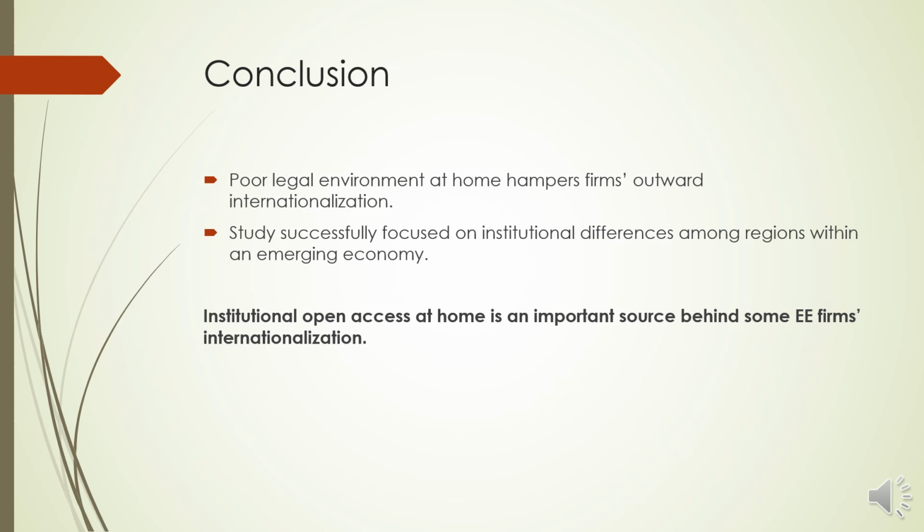Finally, if this study can contain only one message, I would like it to be that institutional open access at home is an important source behind some of the emerging economies' firms' internationalization.